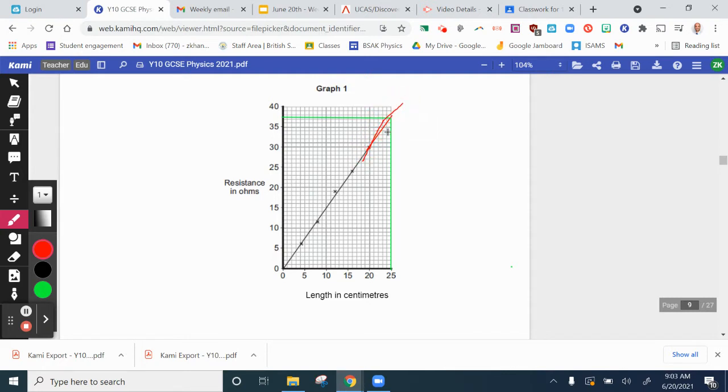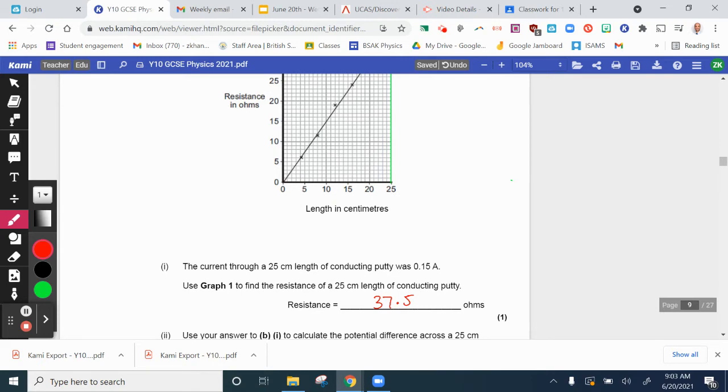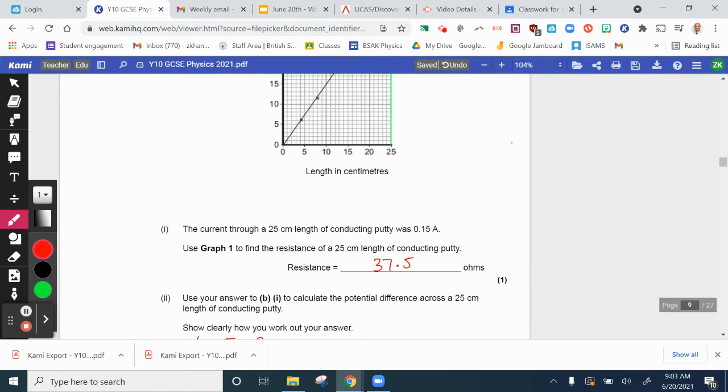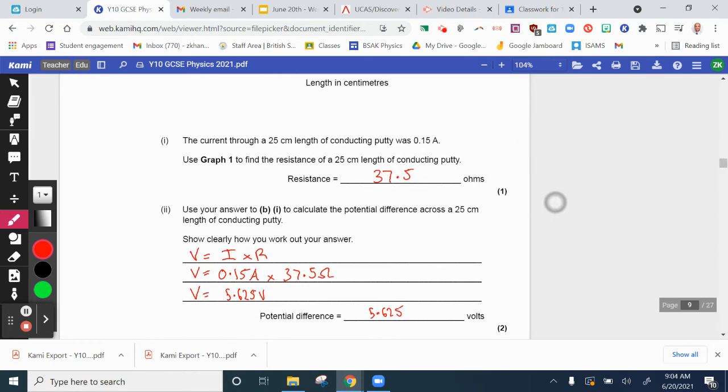So here we have a straight line, and so we carry on with that straight line all the way to 25 centimeters, go up and across at 25 centimeters, and that's 37.5 ohms of resistance in a 25 centimeter length of material. So that's 37.5 ohms.